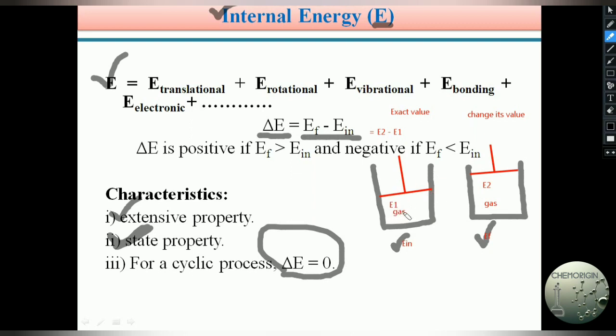Therefore, change in internal energy delta E equals E1 minus E1, that is delta E is 0 for a cyclic process. And delta E value is positive if EF is greater than E initial, or E2 is greater than E1. If E2 is less than E1, or E final is less than E initial, delta E value is negative. So be familiar with this topic.